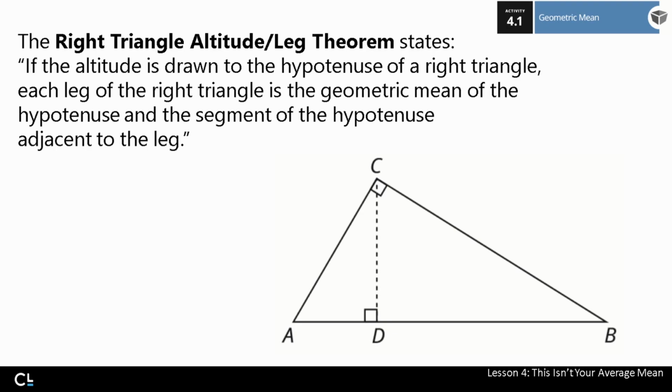So we don't actually need the altitude for this one, but it cuts the hypotenuse into segments that we'll need. So let's label a couple things here. Let's call this side A, call this B, let's say this is C, and this will be D.